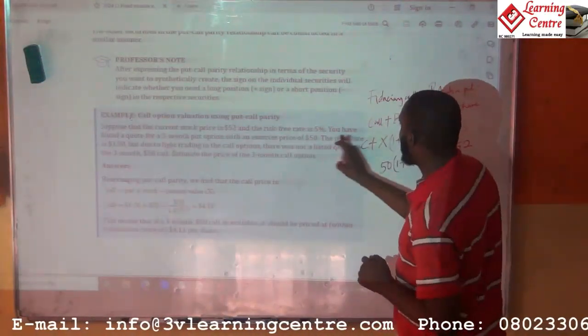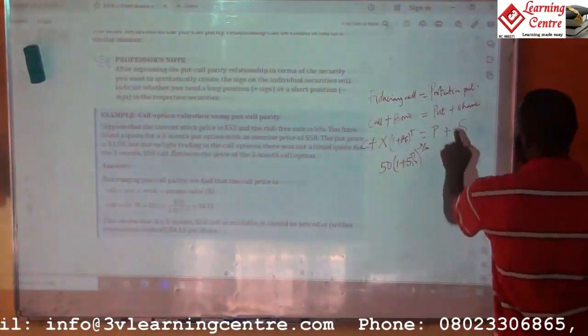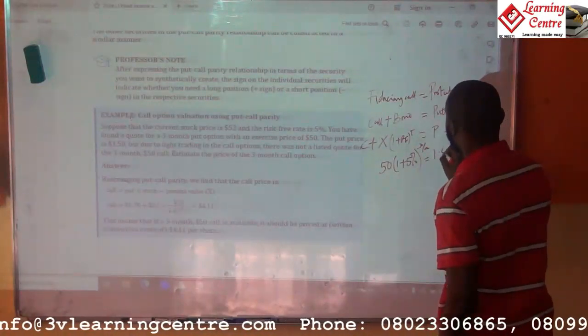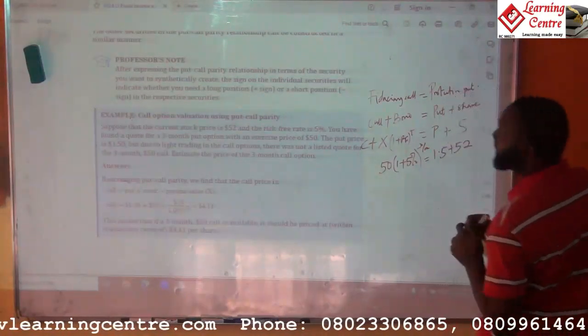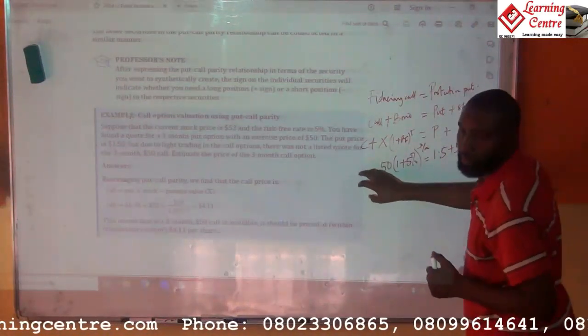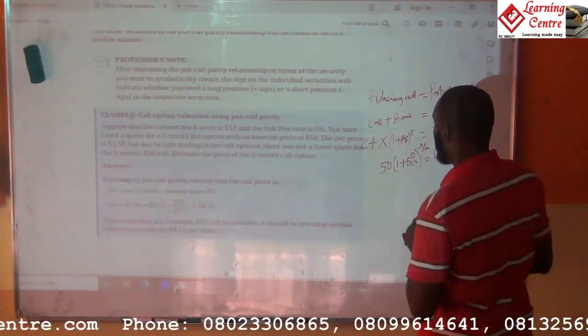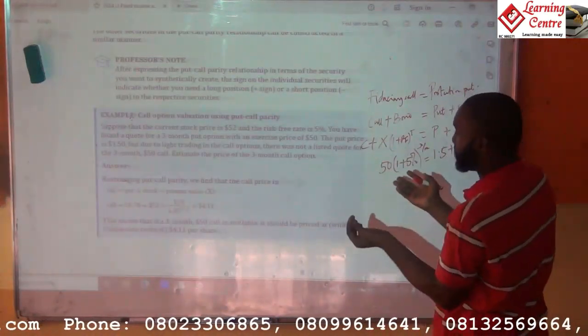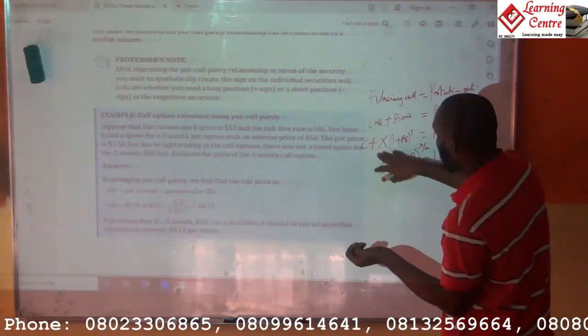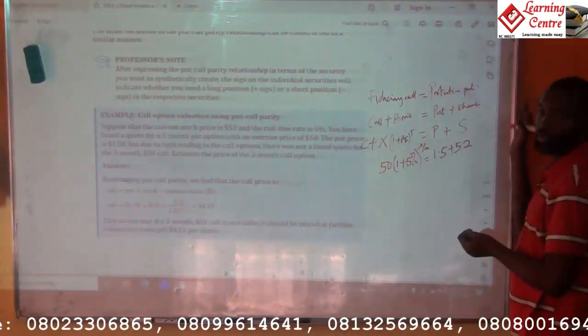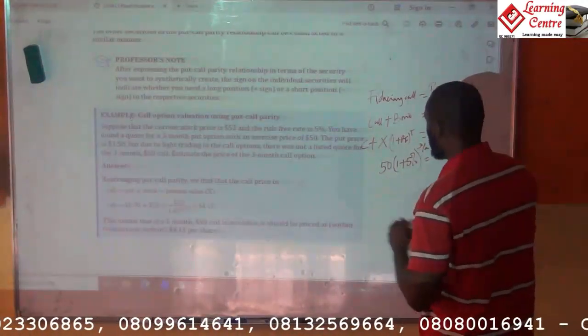And what's our put price? The put price is 1.5. They're giving us put price 1.5. So what we need is this call, right? So of course, to make the call the subject of the formula, it's basically to carry this to the other side, which is what they have done.